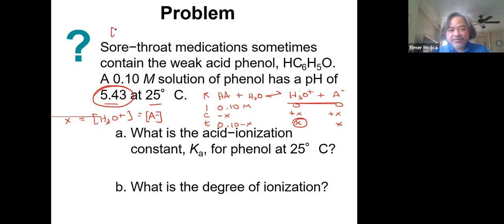That means you can get the H3O plus concentration by 10 raised to the negative 5.43. That will give you 3.71 times 10 to the negative 6. So that's the value of your X.